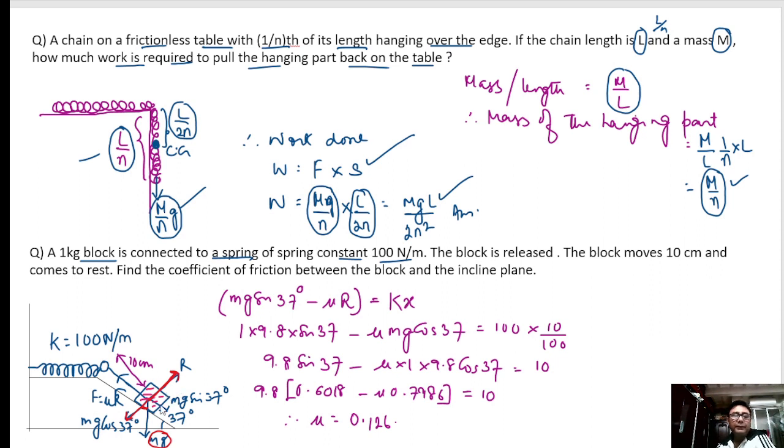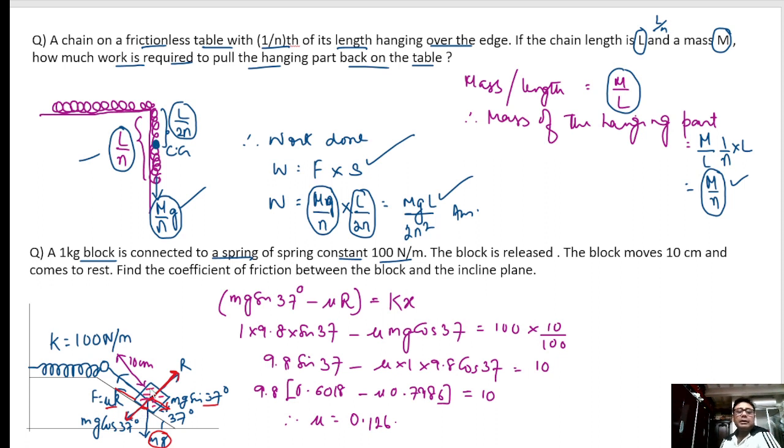And this is mg sin 37, which will act on this side. If there is a frictional force, F will be mu into R acting up. The frictional force is acting up.